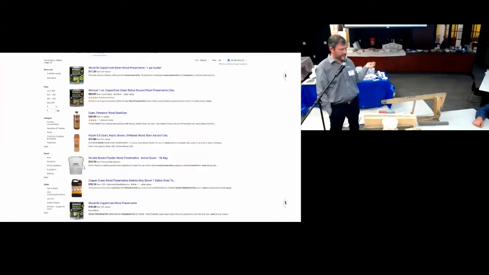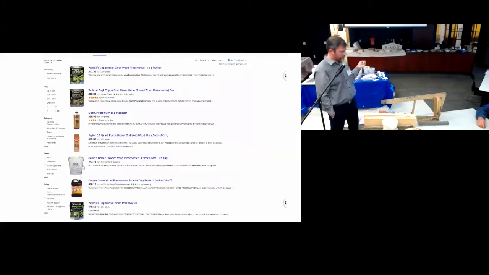So, if you were to go out and do a search for wood preservative, you're going to find lots of things. The issue is many of them either can't be bought in California, shipped to California, or bought in bulk in California. So you have to be very careful when you get into the specifications and when you get into use of preservatives that there's something that can actually be used in your jurisdiction.